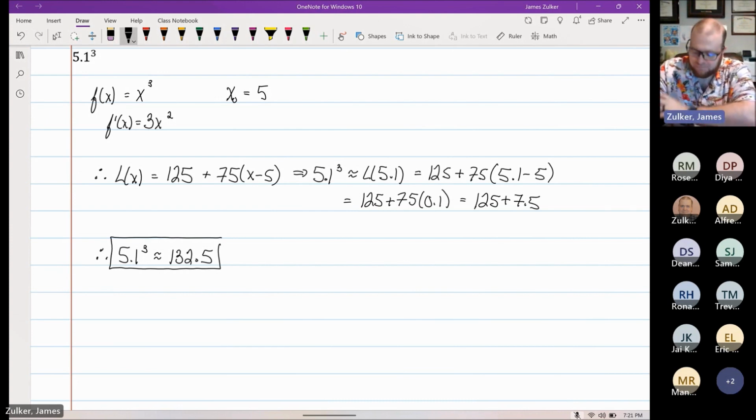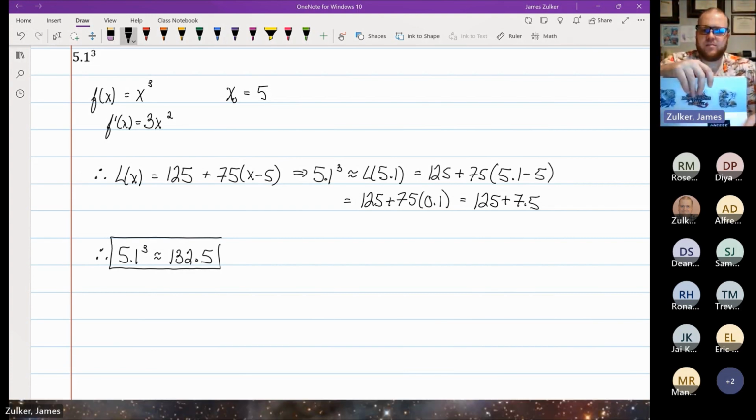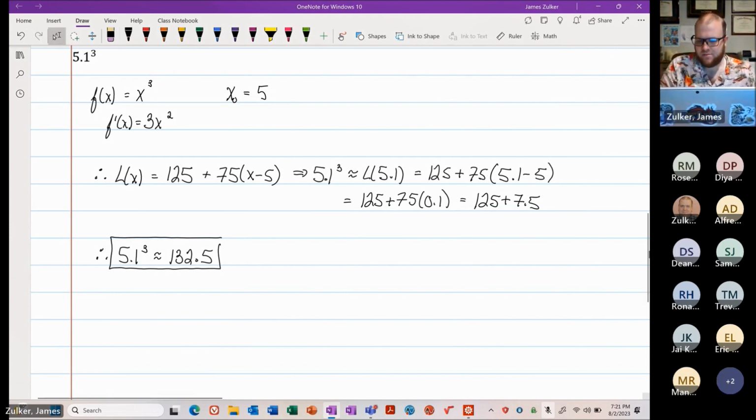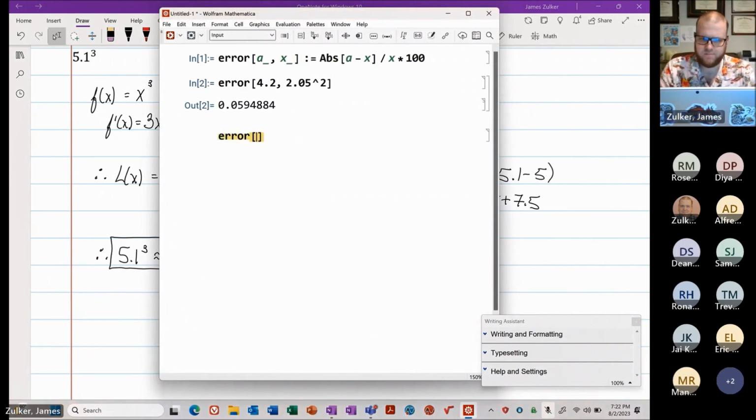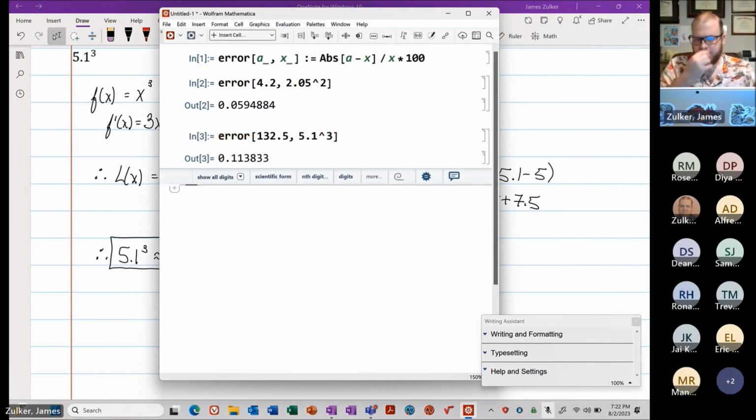But again, if we compare that to what a calculator would give us, 0.011% error.